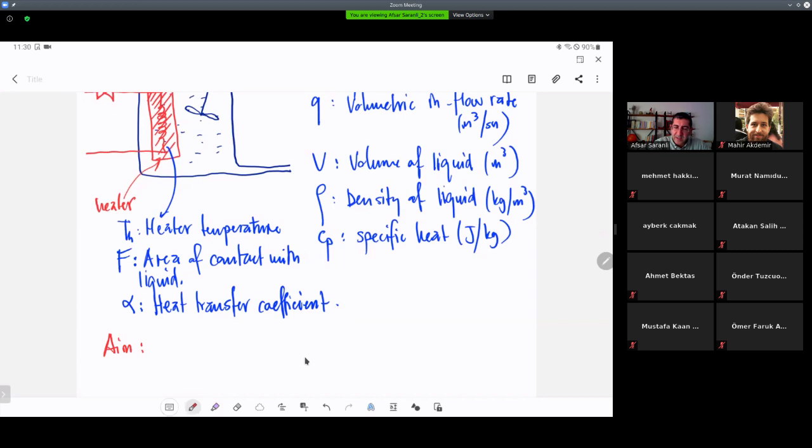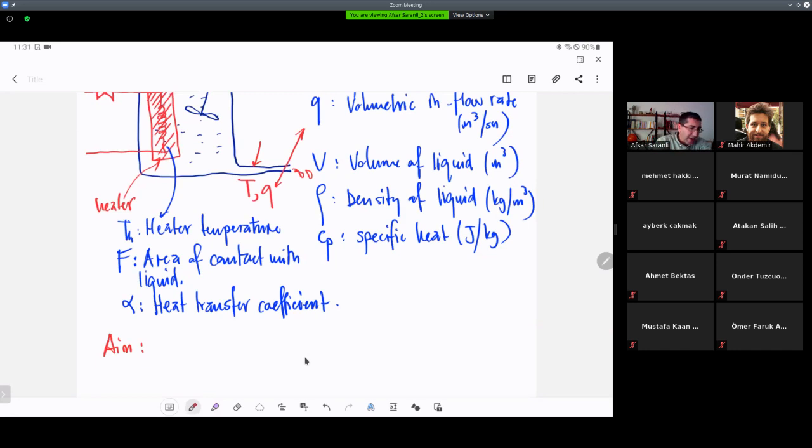Mind you that the inflow rate and the outflow rate in this case are the same. The reason being, if they were different, then the level would not be constant. Here we assume that the liquid level is constant, and we are really interested in the thermal behavior, the temperature behavior of this system.